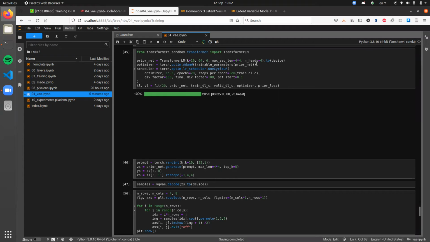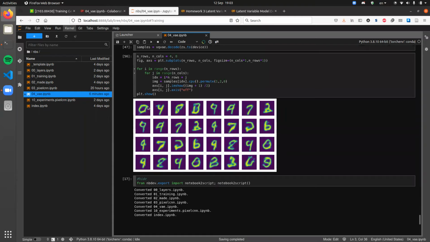We can change the number of heads in the transformer, or change the latent dimension in the transformer representation. I use a rather small value here. It's only 64, and you know that usually you have something like 512 at least. But still you can see that the samples are quite okay. Most of those are recognizable numbers, but some are just something in between.